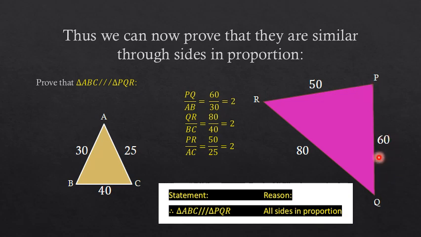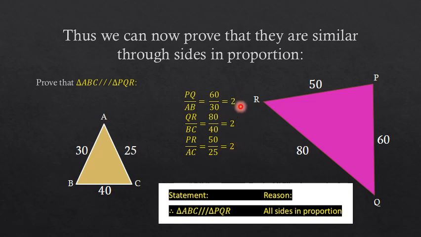PQ was 60 over AB, which was 30, and 60 over 30 is 2. Then QR is 80 over BC, which is 40, and 80 over 40 gives you 2. PR is 50 over AC, which is 25, and 50 over 25 is 2.